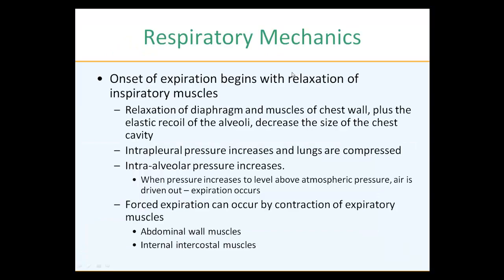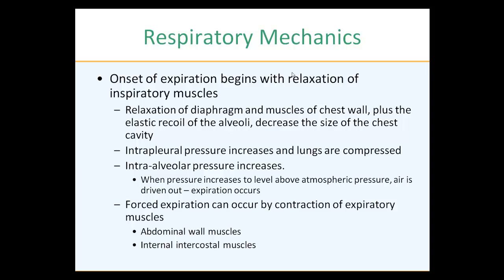So the onset of the expiration will start with the relaxation of the inspiratory muscles, which is mainly the diaphragm. And as we agreed, when the diaphragm pulls down, it will reduce the pressure inside the thorax, and that will translate into the pressure inside the alveoli being negative, and that will draw the air in.